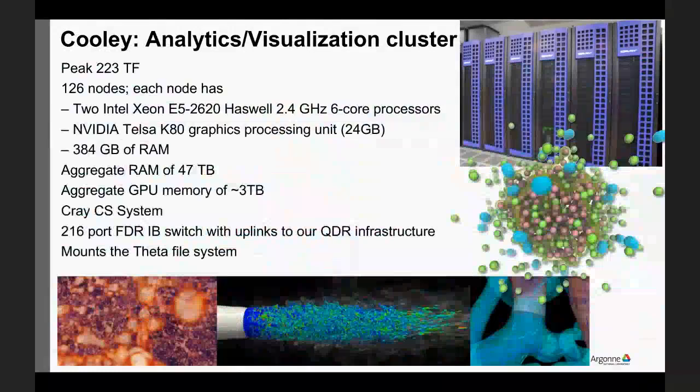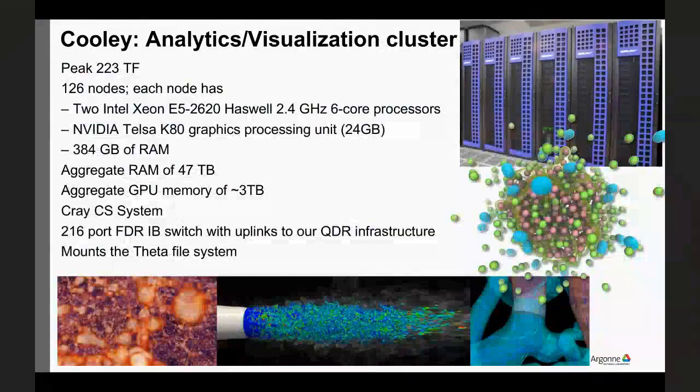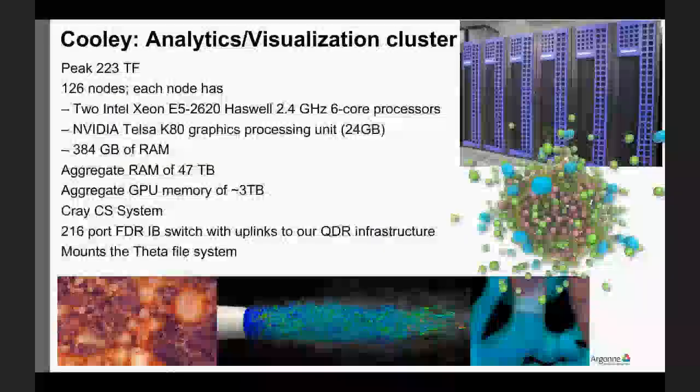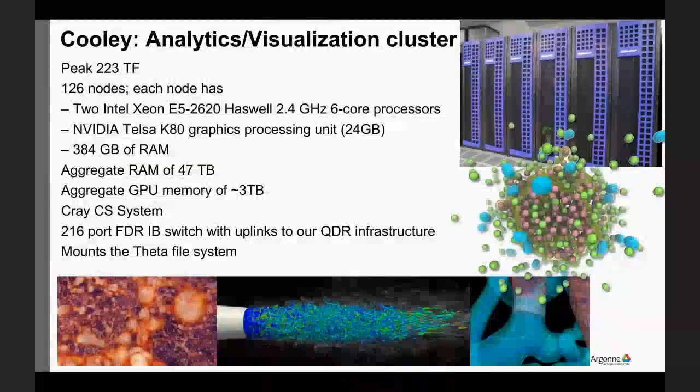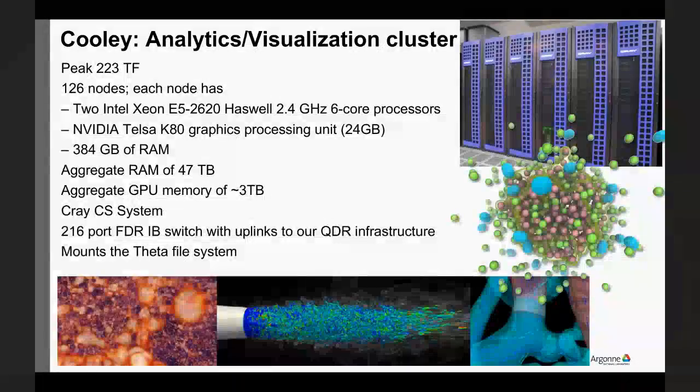So a little bit about the resources that we have available at ALCF. Right now, our analytics and visualization cluster is called Cooley. It's a 126 node graphics cluster where each node has an NVIDIA K80 graphics card.